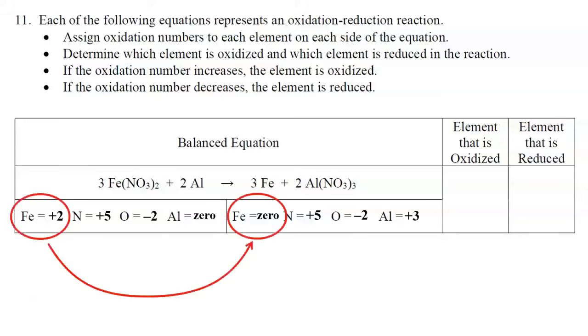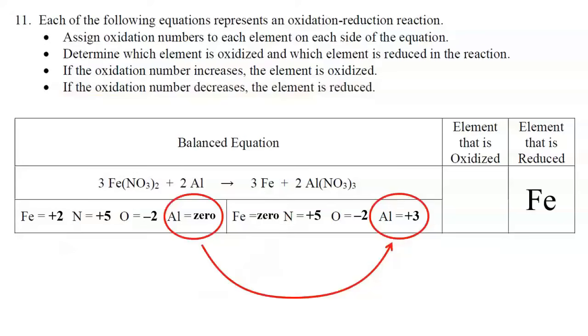Well, the iron changes from +2 to 0, and if the oxidation number decreases, the element is reduced. So iron is reduced from +2 to 0. Aluminum is changing from 0 to +3, and if the oxidation number increases, the element is oxidized. So aluminum is being oxidized from 0 to +3.